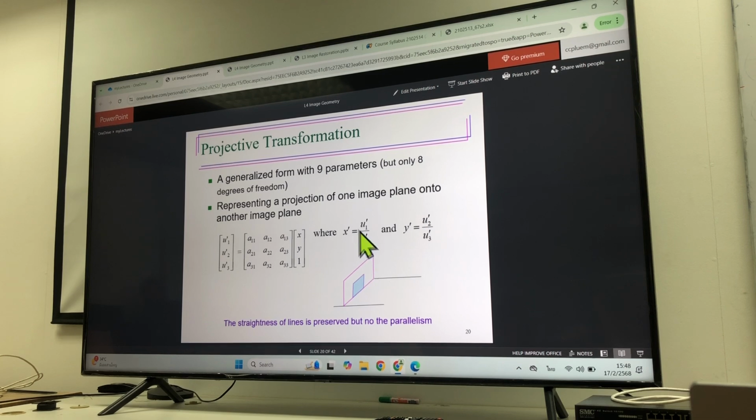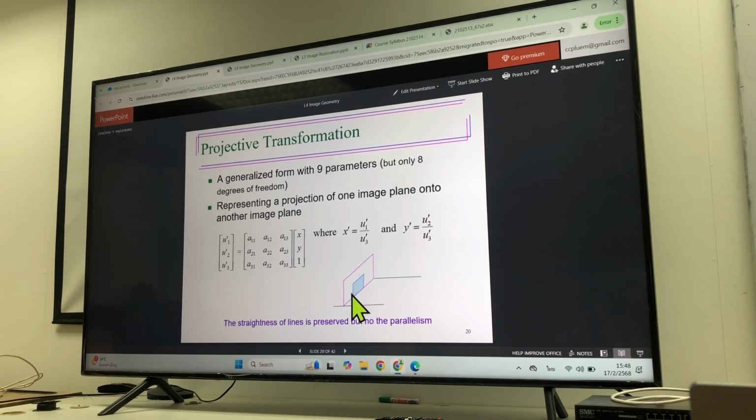The ratio between u1 and u3 is x, and the ratio between u2 and u3 is y. So in essence it has only 8 degrees of freedom, even though it looks like 9.